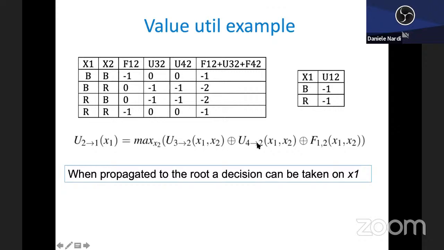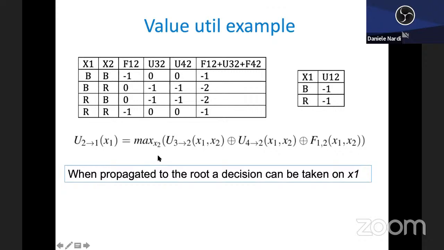In this case, you have the two messages that are provided by the two children of node 2, plus the constraint F12, which involves 1 and 2. Okay? So this is for the two values of x1 and x2.